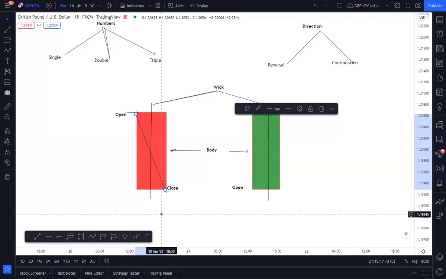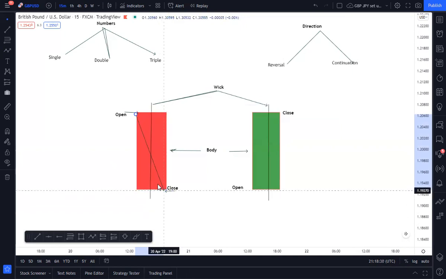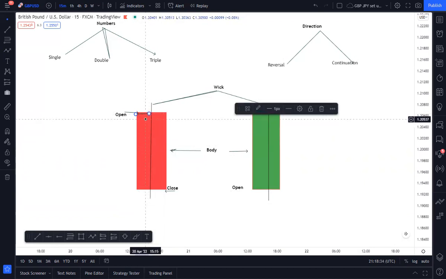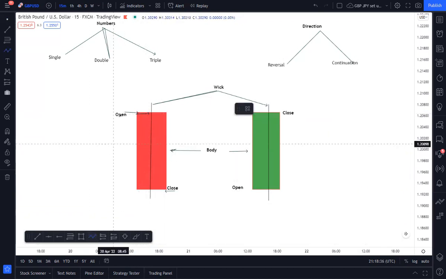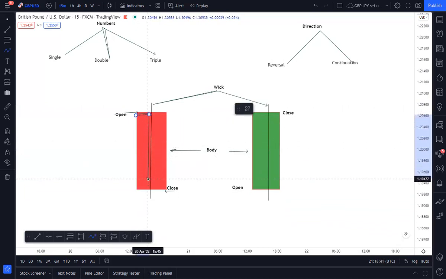I'll say that again. A wick is created when price gets to a certain level and pushes back before that candlestick closes. Let me explain further. Price opened here, and when it opened here, it was bearish, going down.